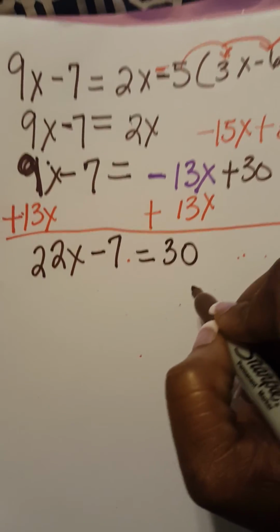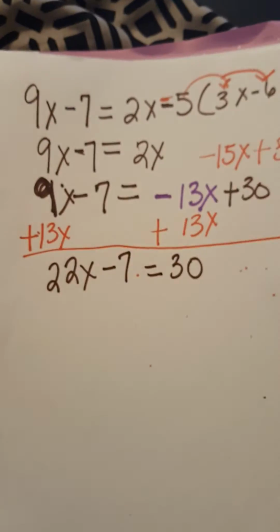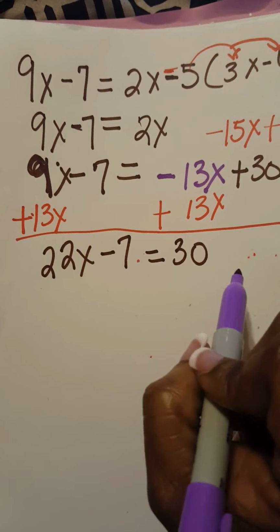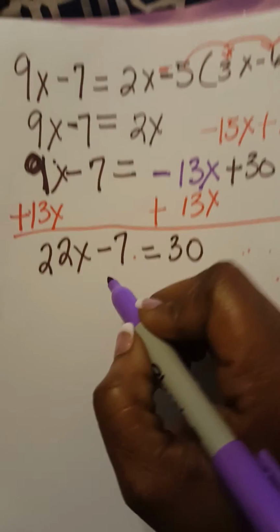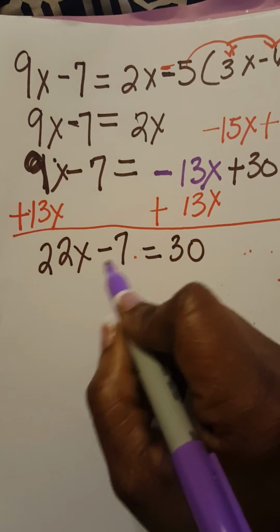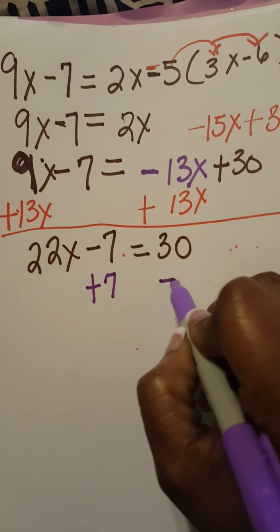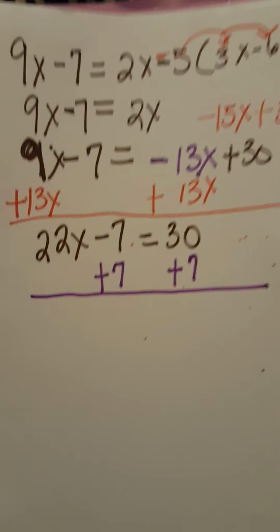Okay. Now, what do you notice? First of all, that I can use purple. That's one thing. However, I see that I can move my 7 over to this side so that I can actually isolate my x. So in order to do that, since I have a negative 7, I would add a positive 7 here and also a positive 7 there. Draw my line.